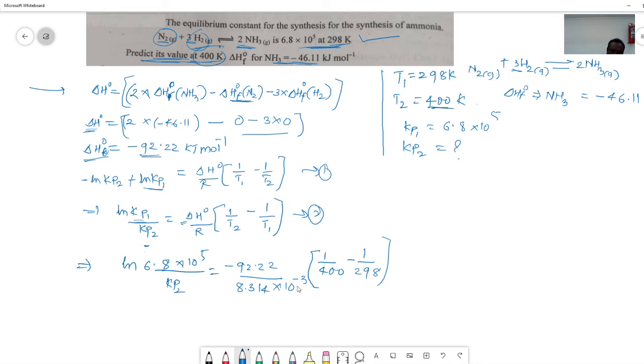If you calculate this, it is simple elementary mathematics. 10 raised to minus 3, if you take it to the upper side, will be equal to 10 raised to plus 3.